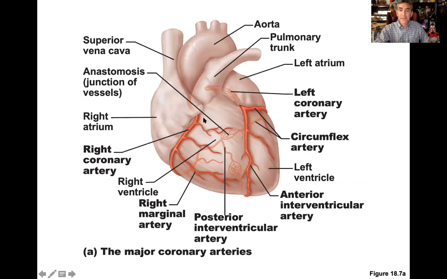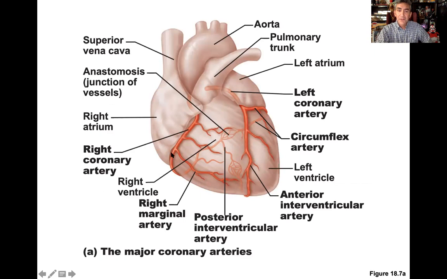So let's start right here. We're looking at the idea of coronary circulation. We have this coronary sinus, which goes all the way around the heart. And we're going to find our right coronary artery.